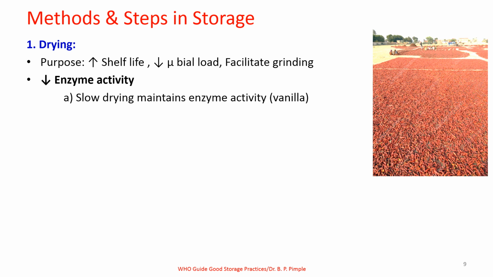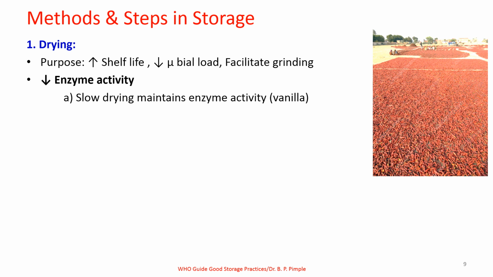There are various modes of drying, like slow drying is preferred in case of vanilla pods. Vanilla pods contain a sticky material which has the vanillin in it, but it requires enzymatic activity.